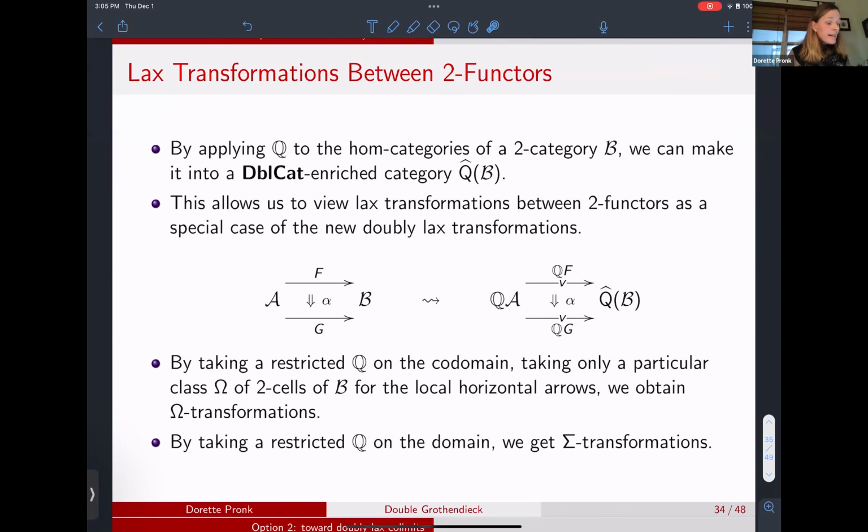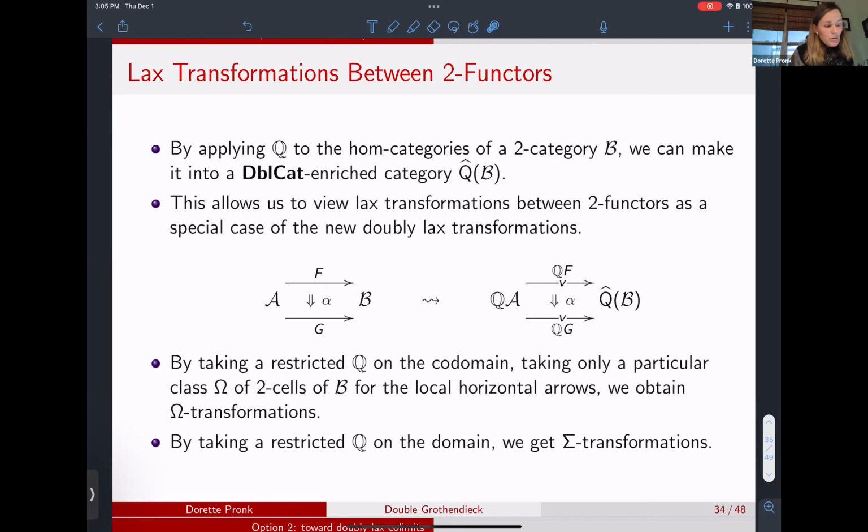Now I can restrict the Q on the codomain and taking only a particular class omega of two cells of B for the horizontal arrows. So remember, locally we have the arrows and the two cells of my two category B. And if I only take a particular class, then I can look at a restricted class of transformations in the double category case.